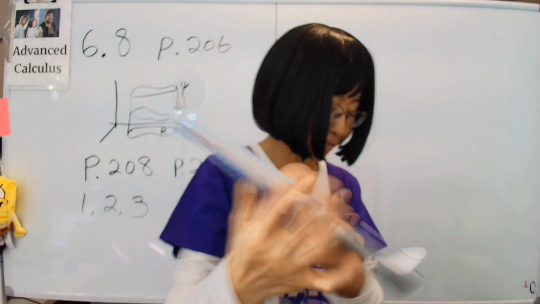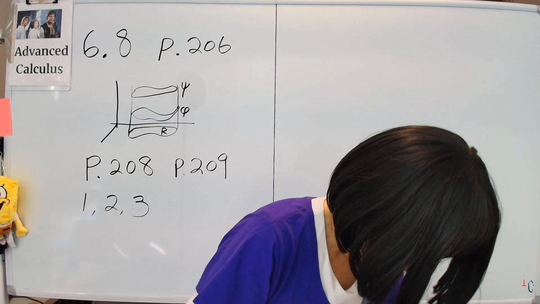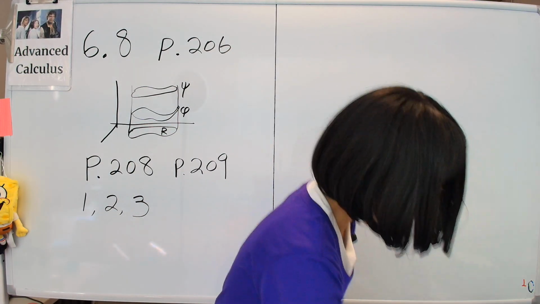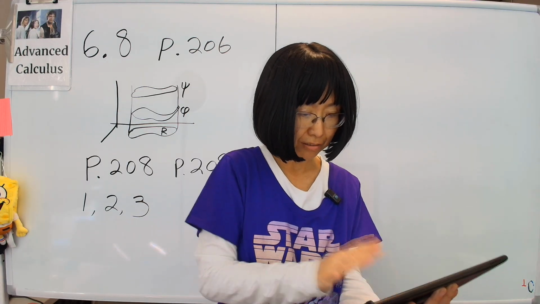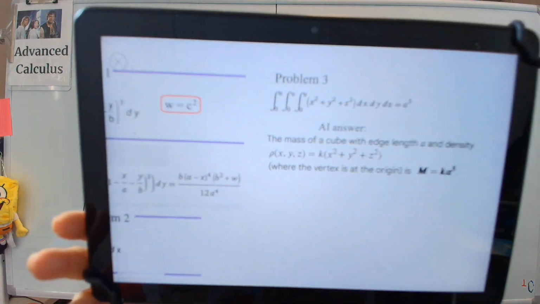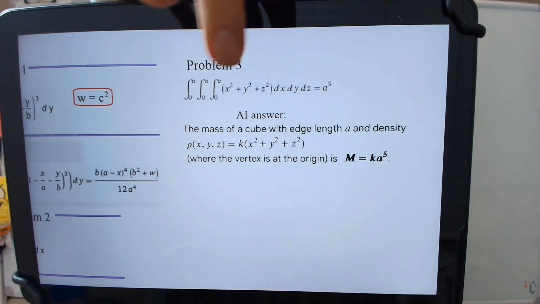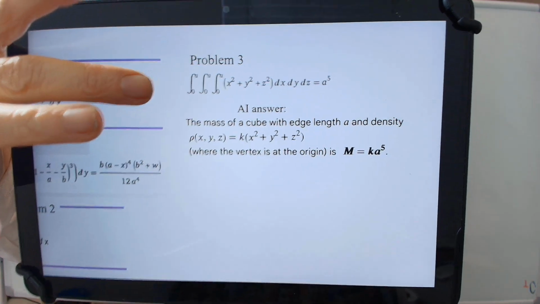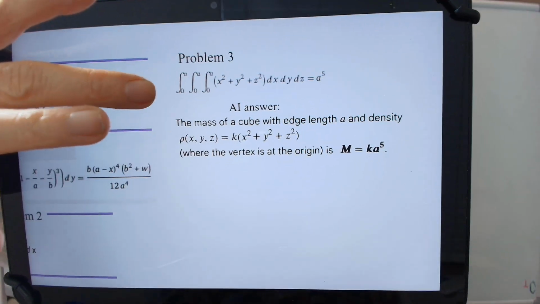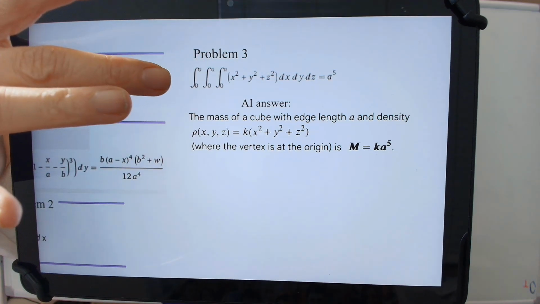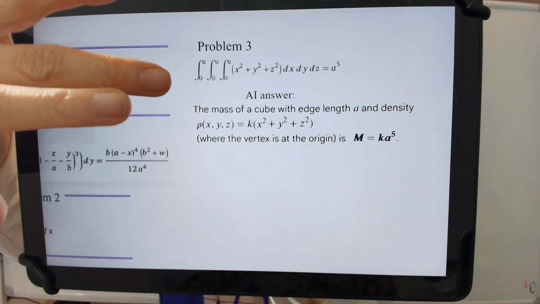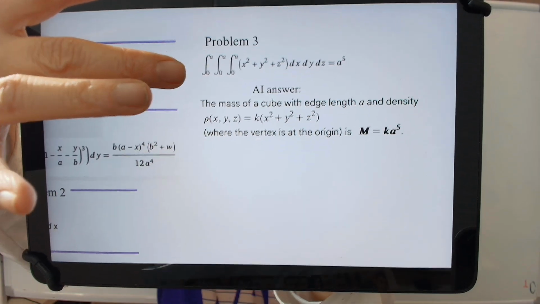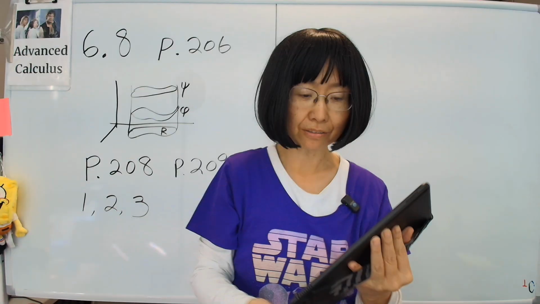First I used the calculator to do the integration, because I wasn't going to do that by hand. Goodness, who wants to do all that grunt work? And so this is what the calculator says: a to the fifth, and then with the constant. So we slap the constant on there, the proportionality constant.